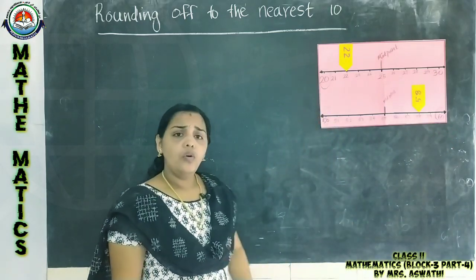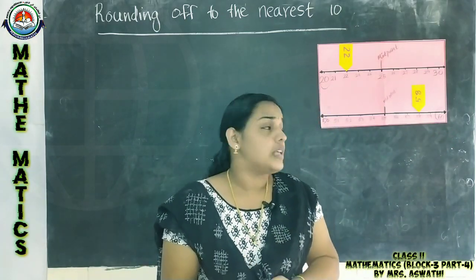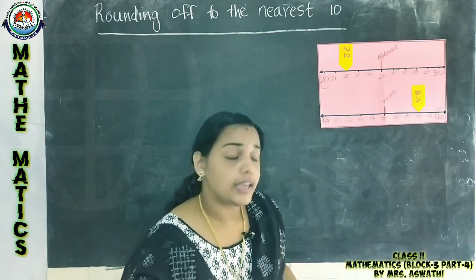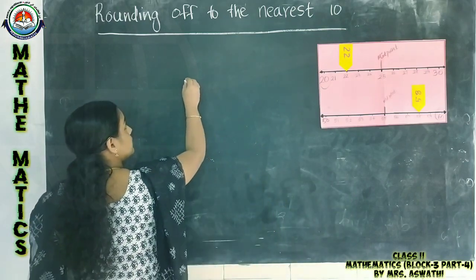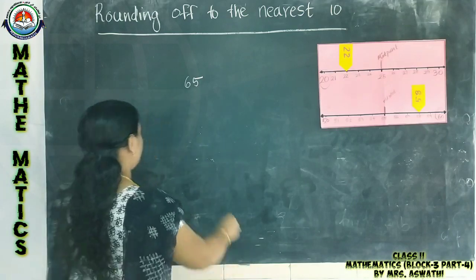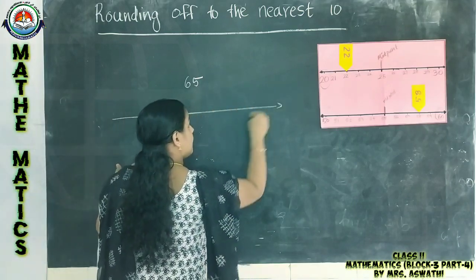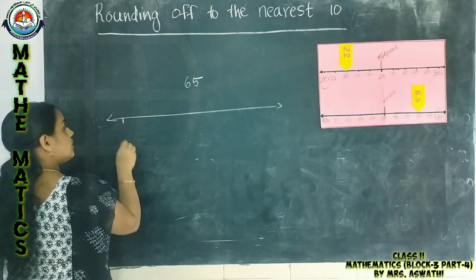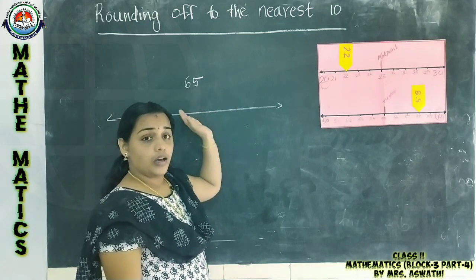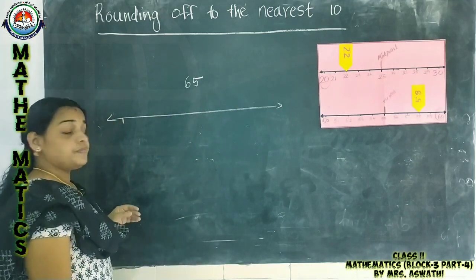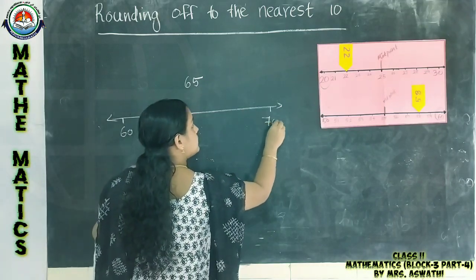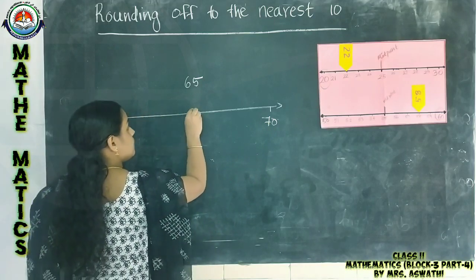Now, if the number comes exactly at the midpoint, what will we do? For example, I give number 65. Here we can draw a number line. Which tens come between this number line? Yes, 60 and 70. Which is the midpoint?